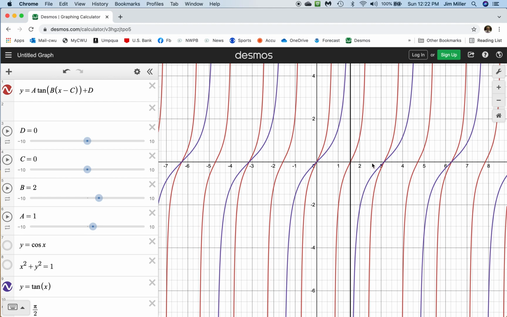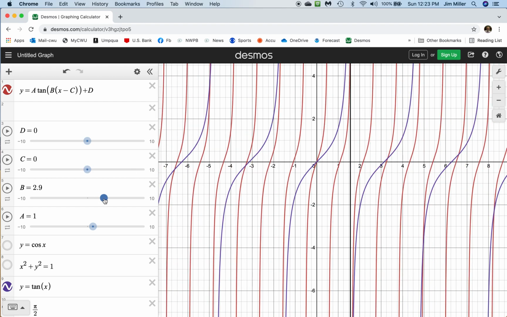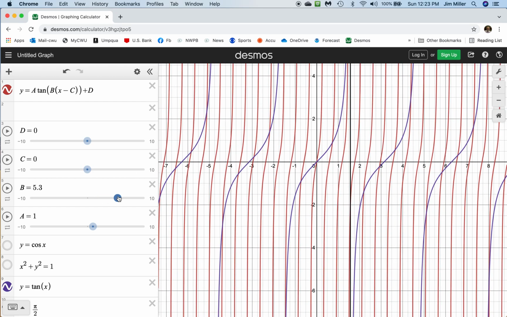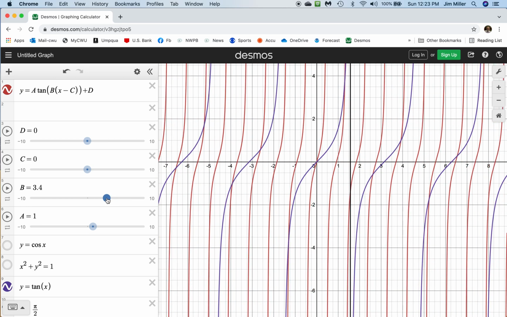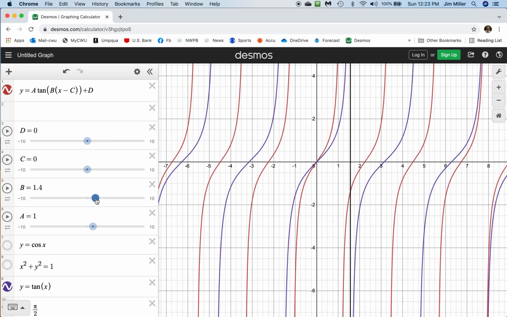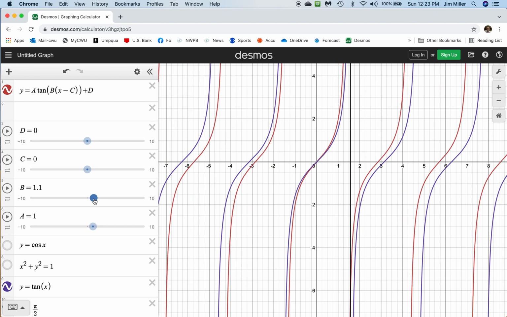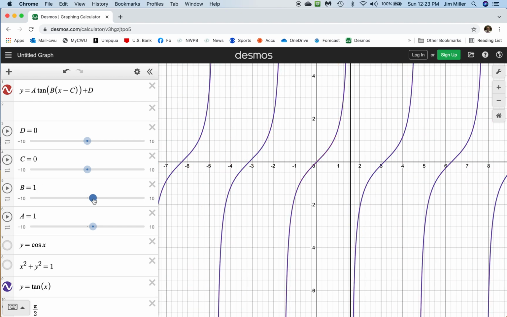You can see that there's basically 2 red curves for each one purple curve. And if we went to 3, there would be 3 times as many, 4 times as many, 5 times as many. So it horizontally compresses or stretches. So let's go back to 1, and it matches up with the purple.